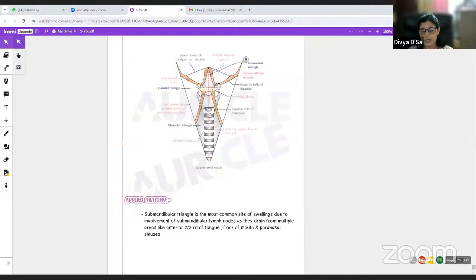Since it drains these, while examining a patient with a history of cold, cough, sinus problems, we examine the lymph nodes here to see if there is any enlargement of the lymph nodes. These are the lymph nodes which are involved there.